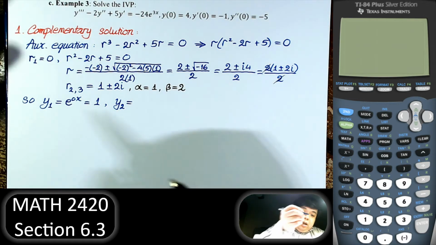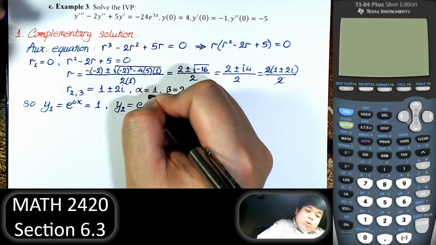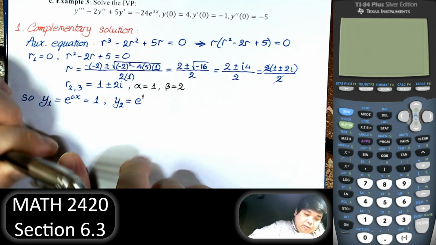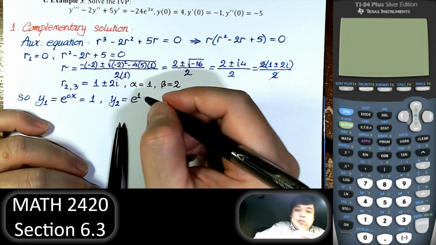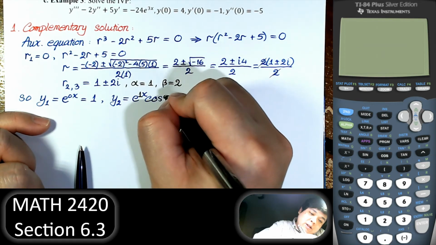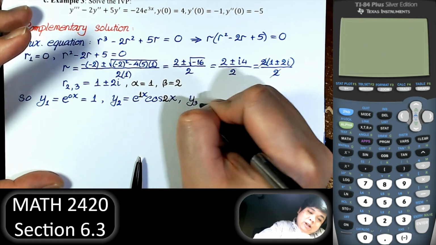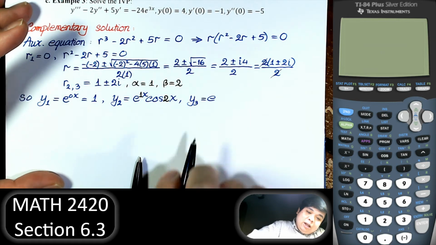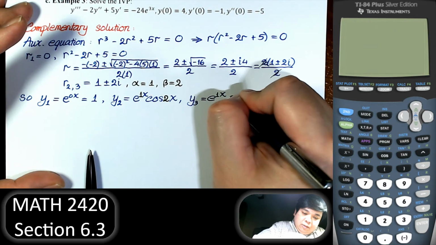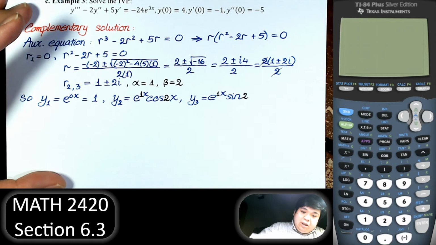So y2 will be equal to e to the alpha x cosine beta x, y3 e to the alpha x sine beta x.